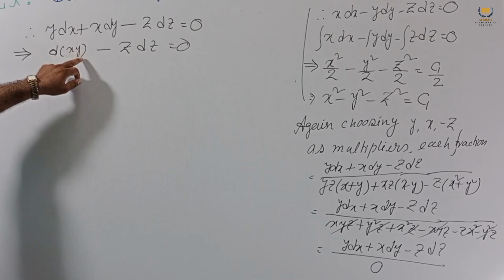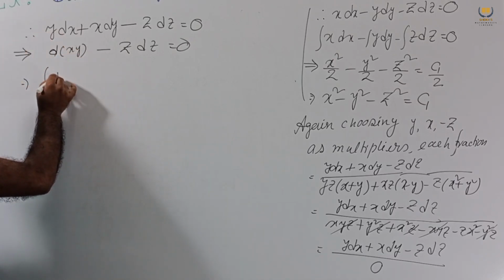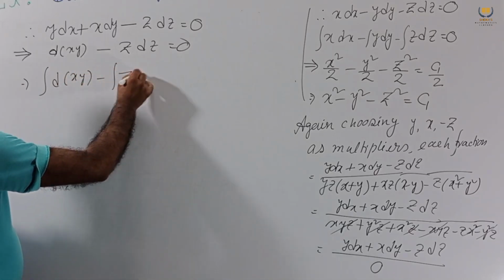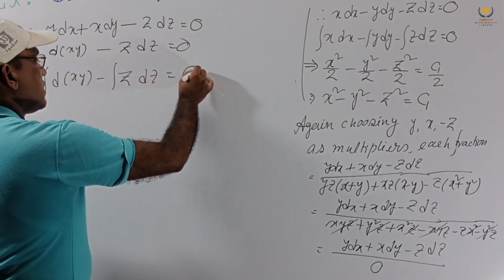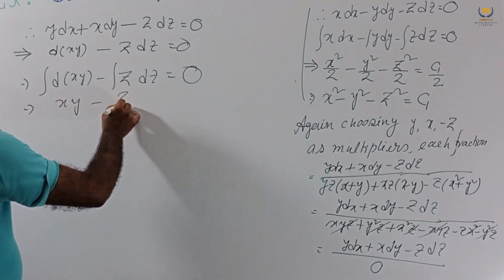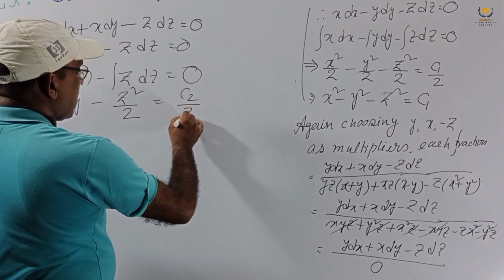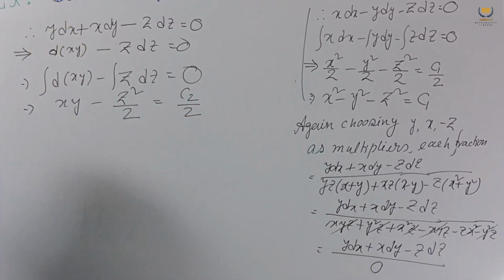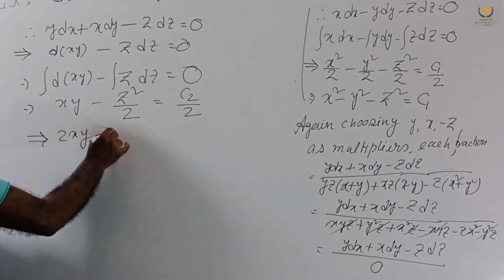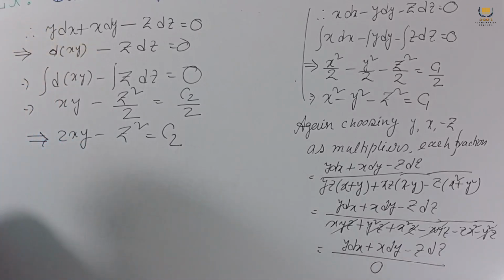We can write d of xy; if we expand we get this, and integrating both sides we get xy minus z square by 2 equals c2 by 2. Multiplying both sides by 2, 2xy minus z square equals c2.